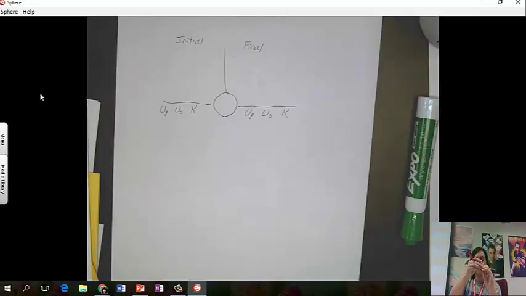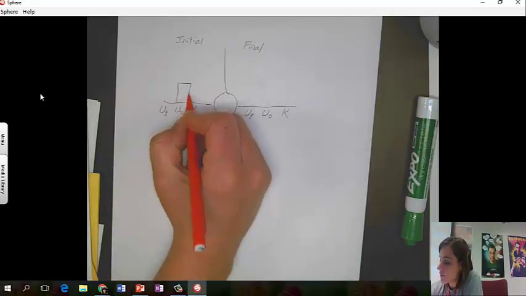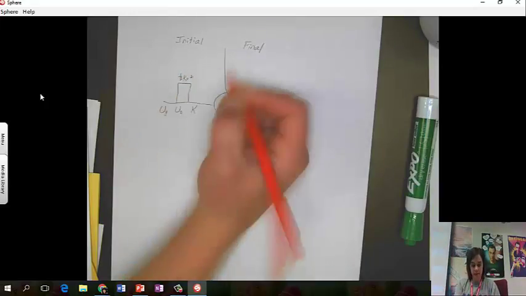Let's look at my little bear popper. So initially, I squish him, and he's sitting on my desk. We'll call my desk height equals 0. So I have all elastic potential energy here, 1/2 kx squared, okay?